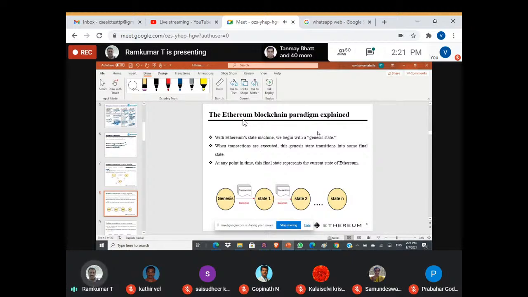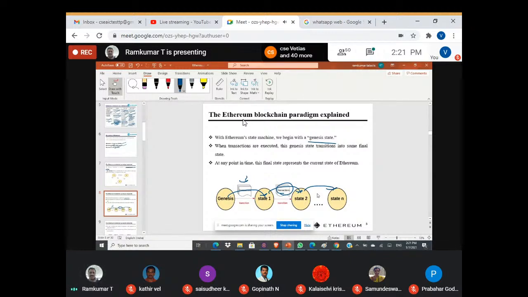The starting position, where we start our journey, is called the genesis state. From that point onwards, if transactions happen, it will automatically go from the genesis state to the next state, and like that it will proceed into the next states.